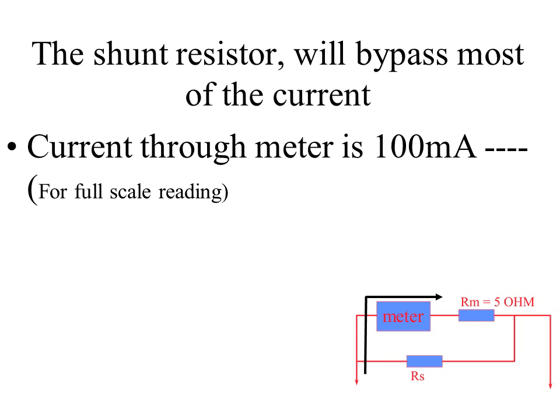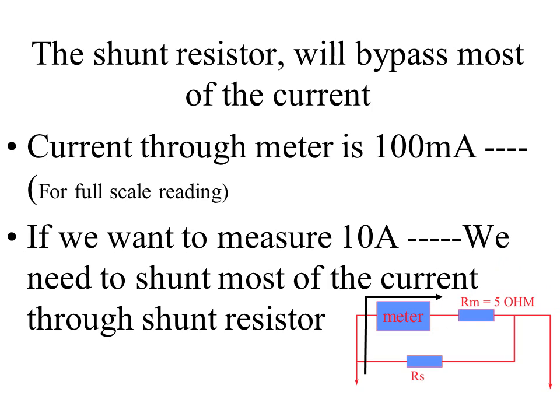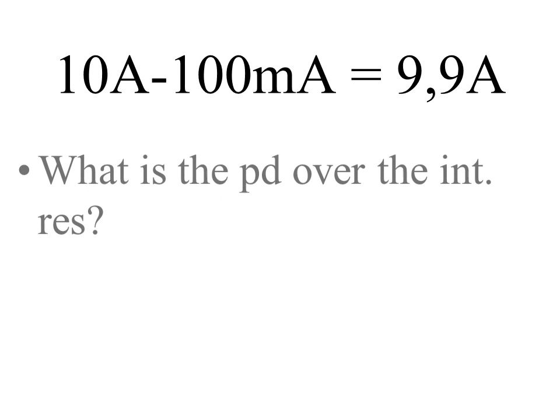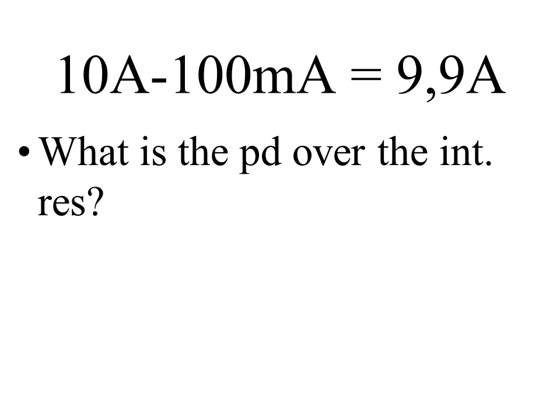If we want to measure 10 amperes, we need to shunt most of the current through the shunt resistor. If we subtract 100 milliamperes from 10 amperes, we can determine the shunt current. In this case, 9,9 ampere. Now we can determine the potential difference over the internal resistance.